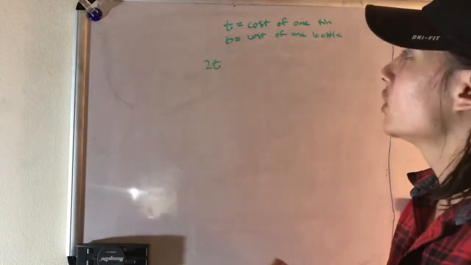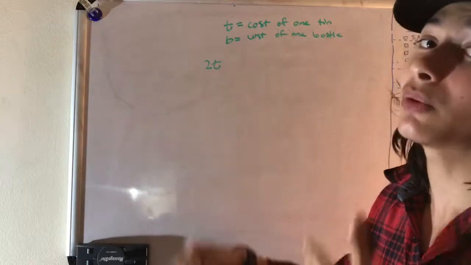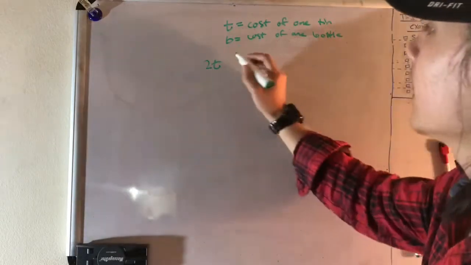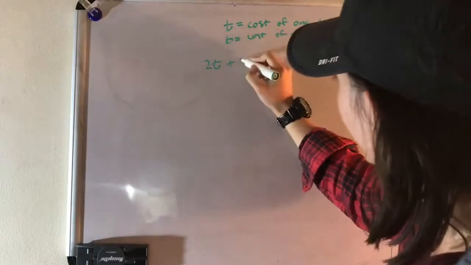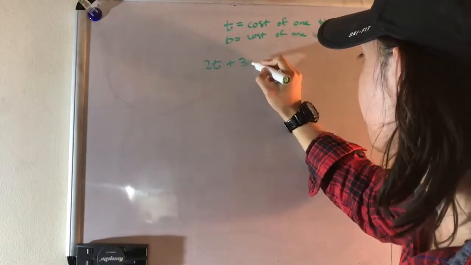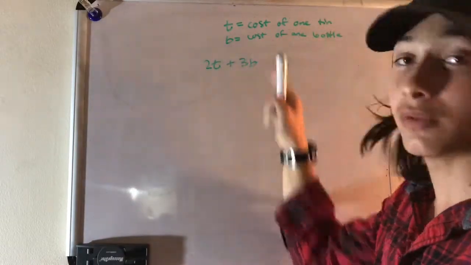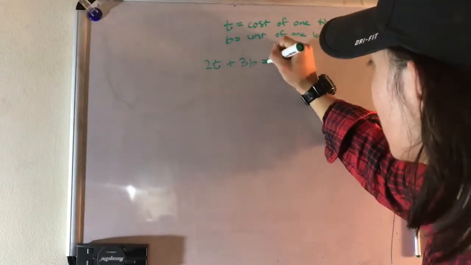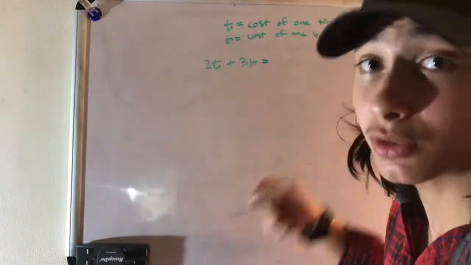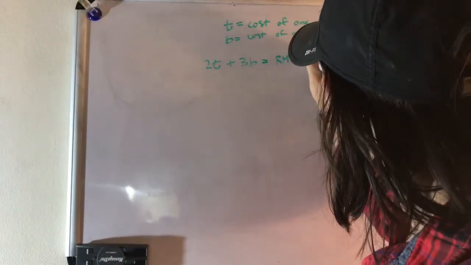It said that she did buy 2 tins, so 2 times t would represent the cost of 2 tins, plus she also bought 3 bottles of oil, so that's going to be 3b, which represents the cost of the 3 bottles of oil that she purchased, and that gives you a total cost of RM 85.